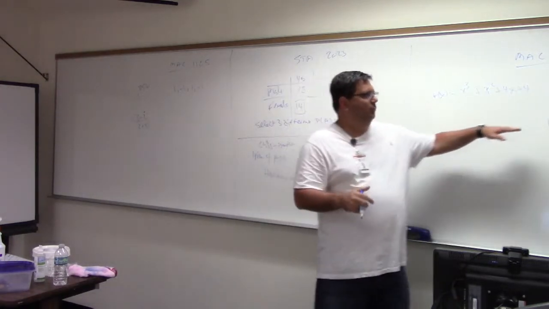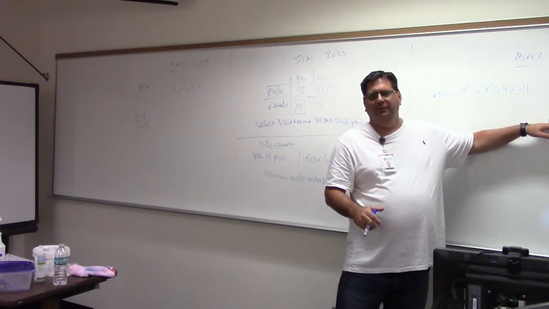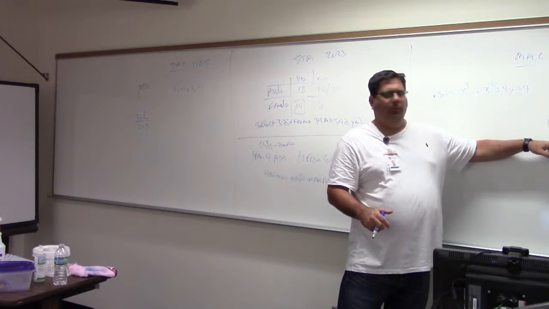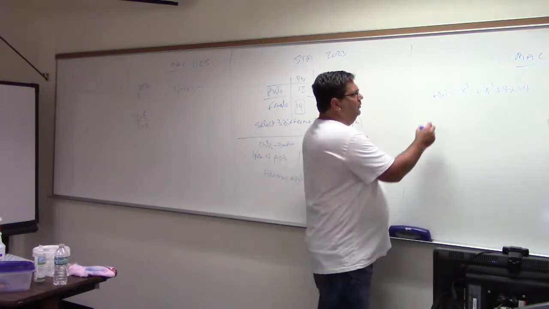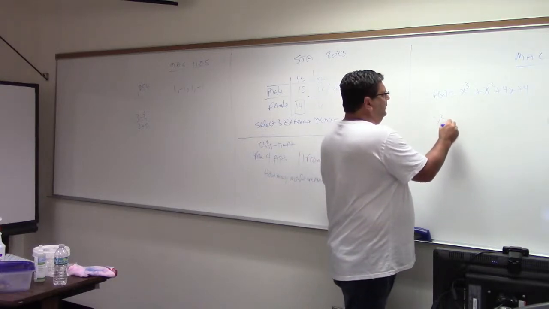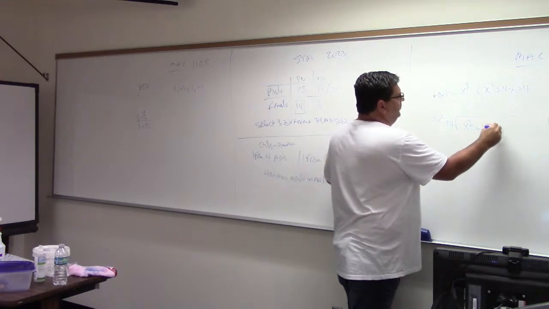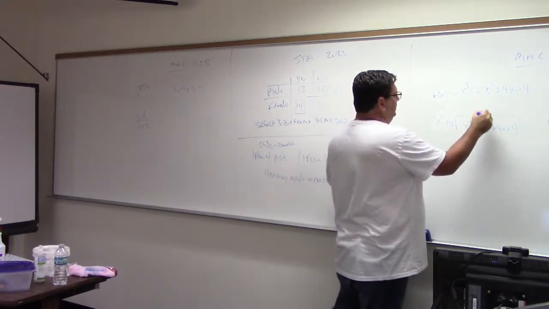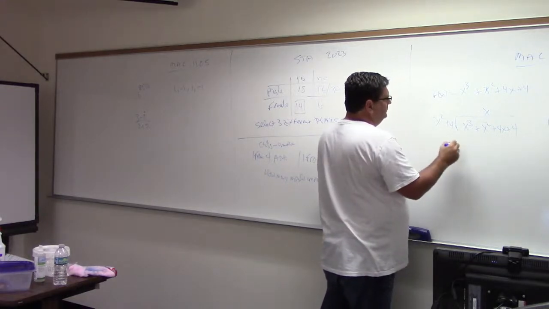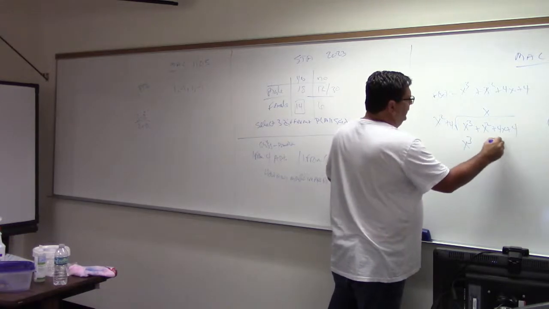Now, once you do that, you've got to go long division. Once you get to this point, you've got to go long division, you'll have a choice then. Alright? So you got x squared plus 4 into x cubed plus x squared plus 4x plus 4. X squared goes into x cubed, x times. This is x cubed plus 4x.